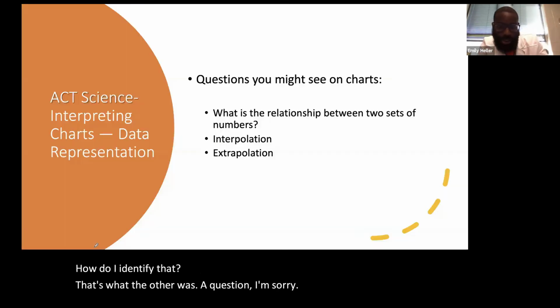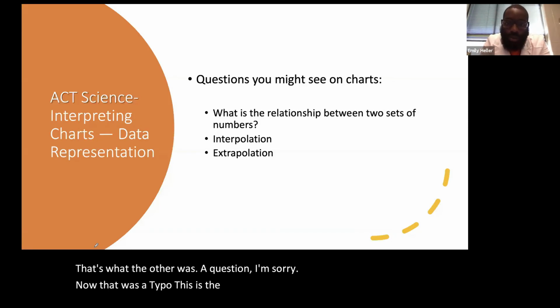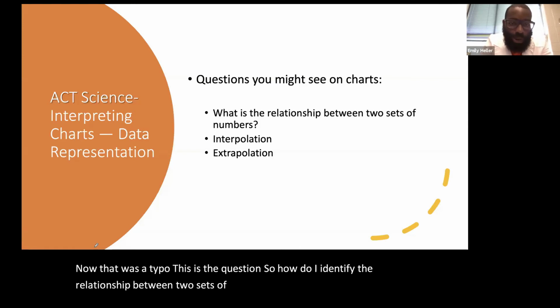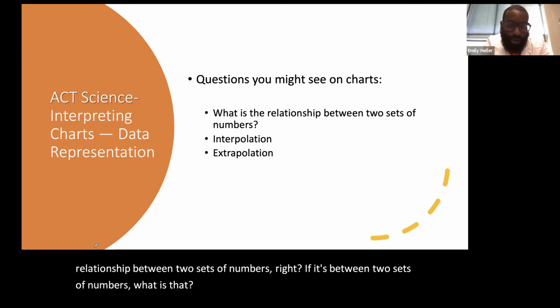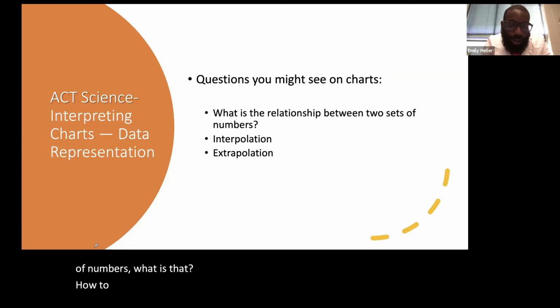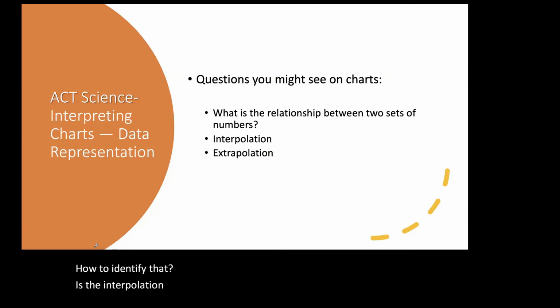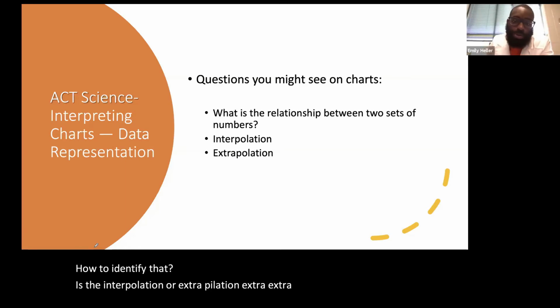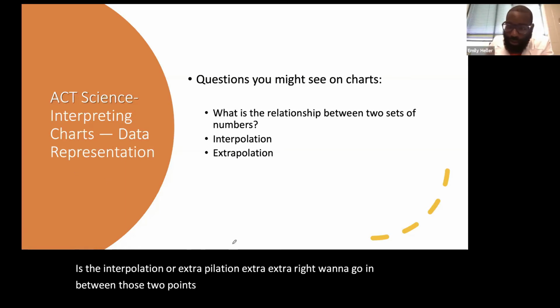No, that was a typo. This is the question. How do we identify the relationship between two sets of numbers? If it's between two sets of numbers, is it interpolation or extrapolation? Extra. All right, it's extra, right? We want to go in between those 2 points. So let's make sure we're able to identify that.